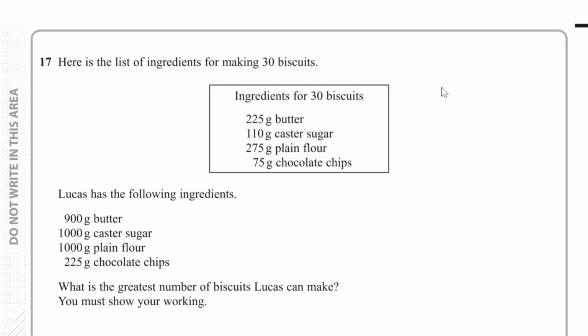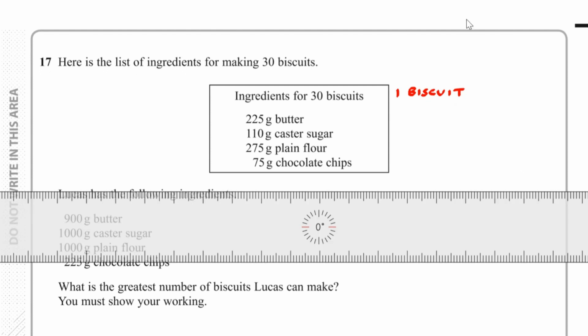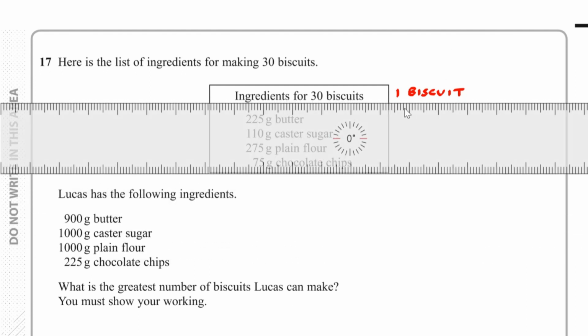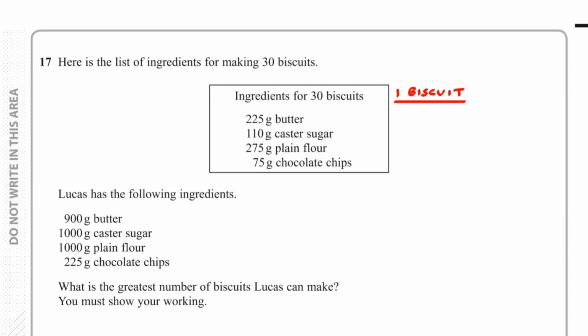So what we can do is find out how much of each ingredient we have for one biscuit. And to find out how much of each ingredient we have for one biscuit, what we need to do is divide each of these by 30.